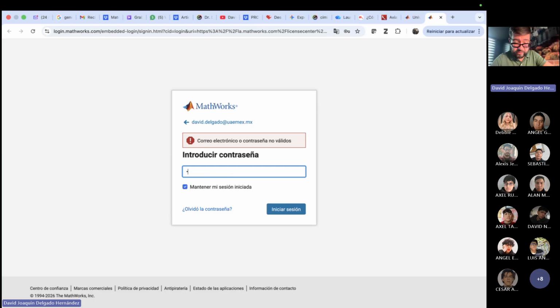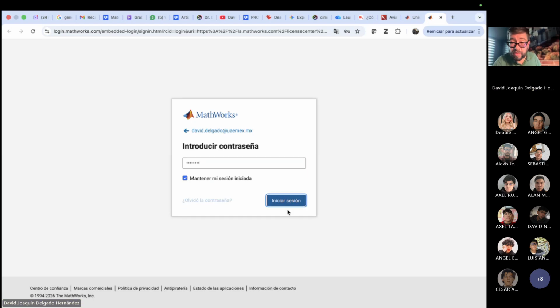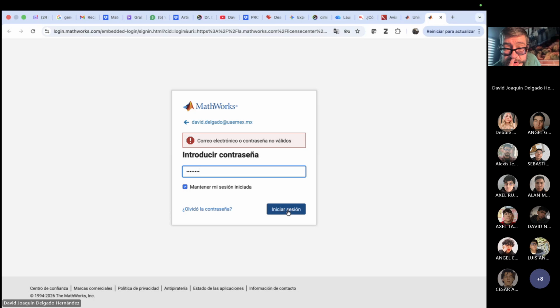Sorry, because I have a different password. So let me put, I hope that this is the correct password. Somebody has passed this step.